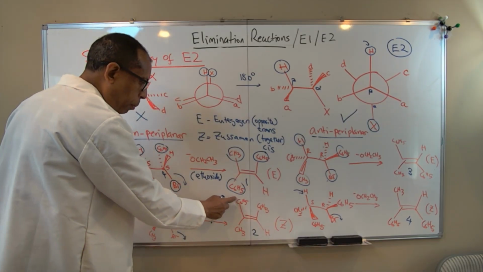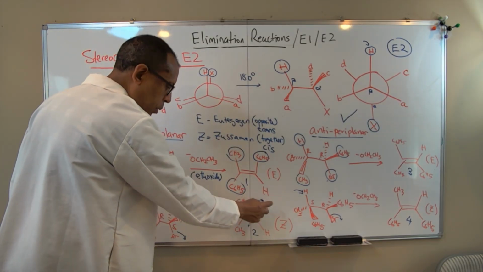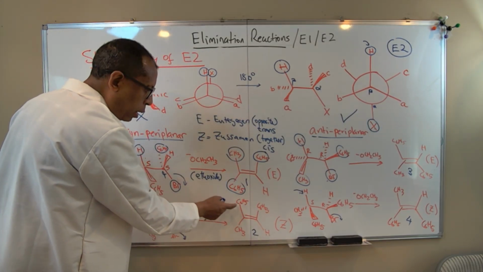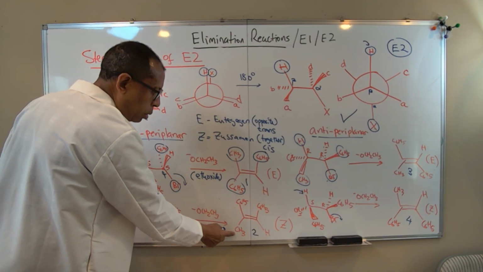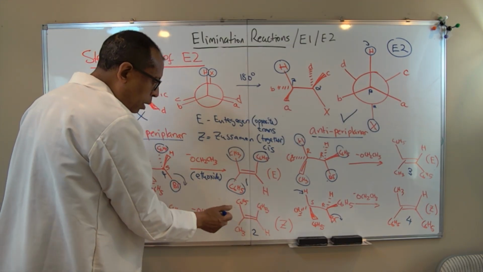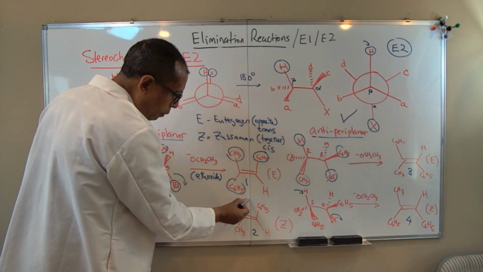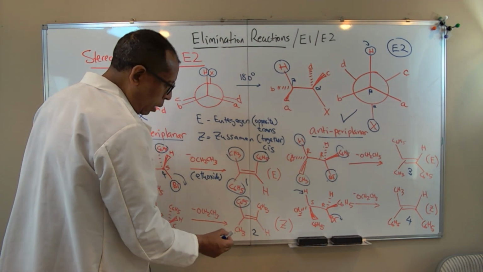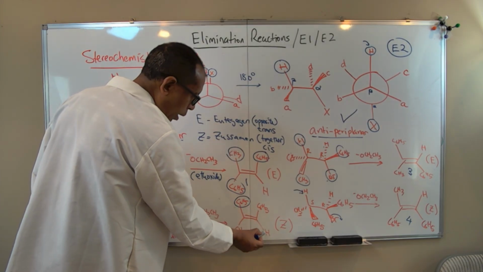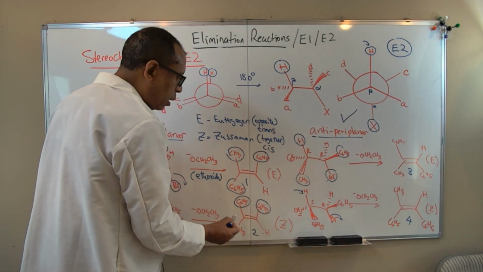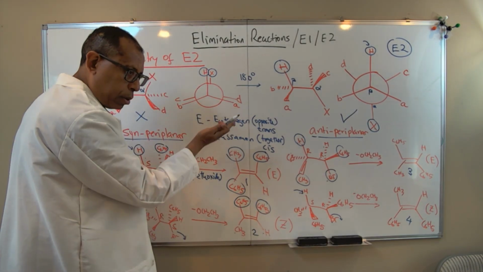Again, you don't compare this to this. You compare the ones which are up and down, not side by side. So if I compare this with this, the priority would be for this. And if I compare this with this, the high priority would be here. So the two high priorities are on the top.